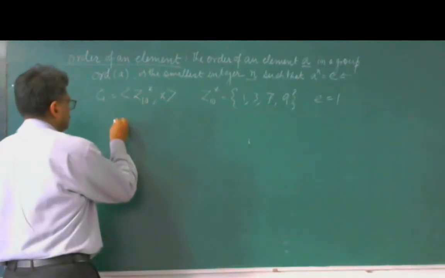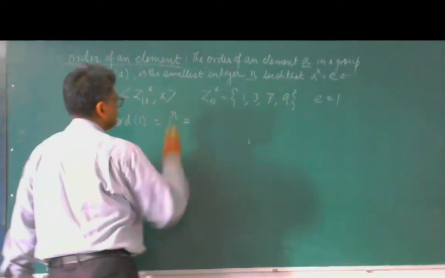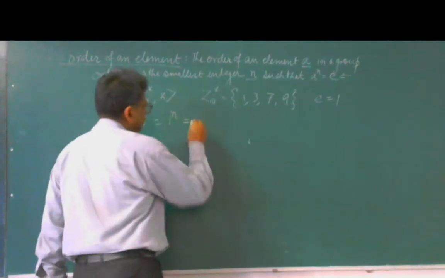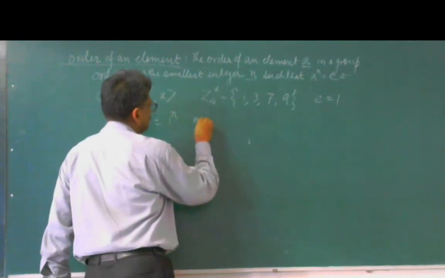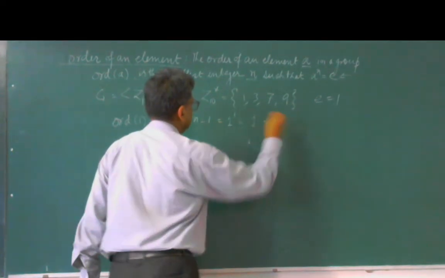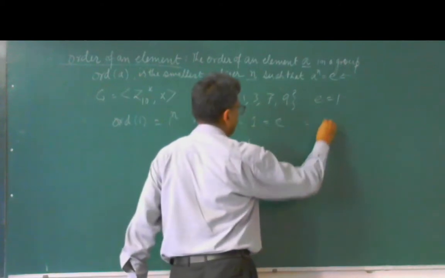Now let us find out order of 1, 1 to the power n. If I consider n is equal to 1, then 1 to the power 1 will be equal to 1, and that is the identity element. It means order of 1 is 1.